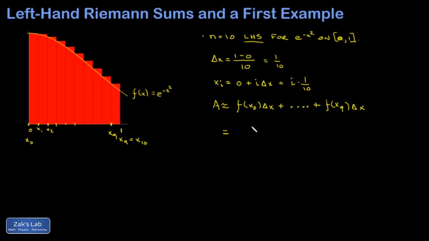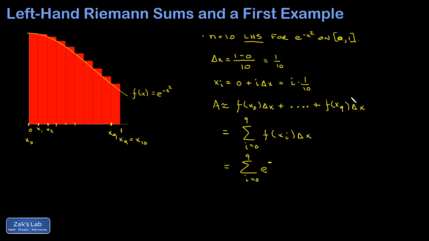And now I can write this in summation notation as the sum from i equals 0 to 9 of f of xi delta x, or sum of, as i goes from 0 to 9, e to the negative xi squared.